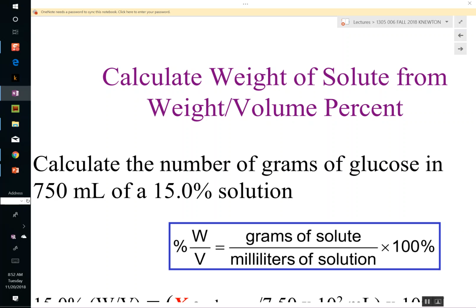So I've now got X grams equals 750 milliliters times 15% divided by 100%. Calculate that. Everybody take out your calculators.